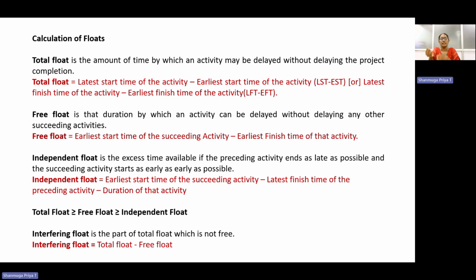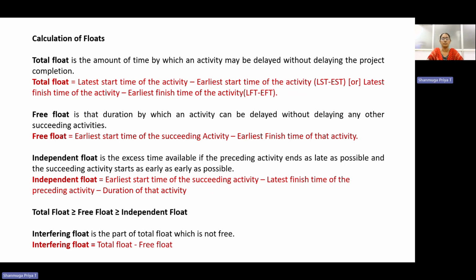So there is a time liberty for which the activity can be delayed. We can delay the activity, but that delay will not delay the project completion, which means that activity is not critical. That type of activity will be considered as a total float.